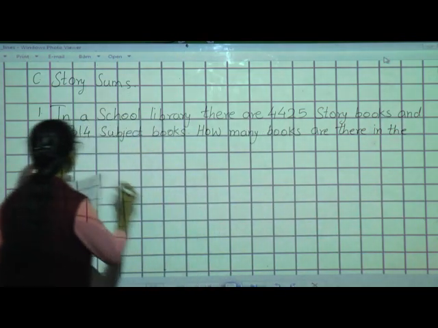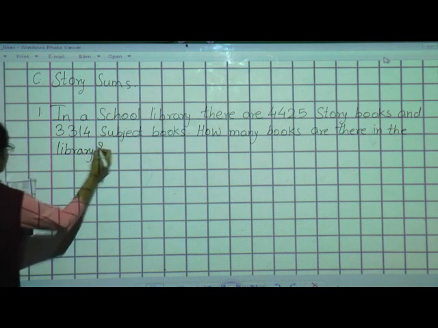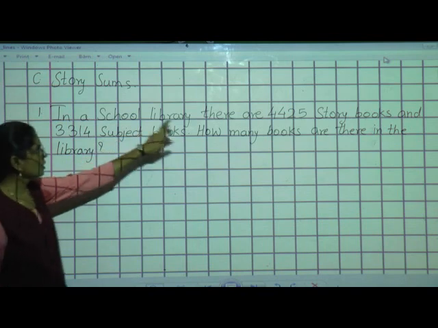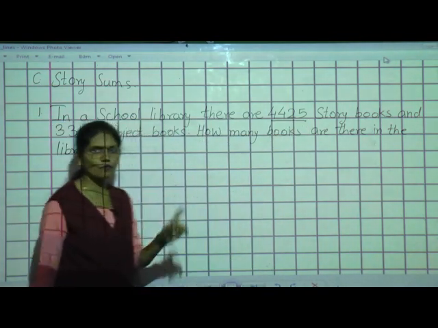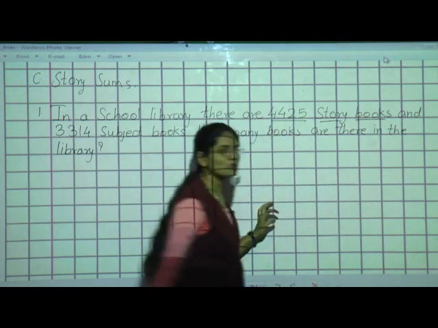Now, once again we will read the question. The question is, in a school library there are 4,425 story books. Okay, how many story books are there?